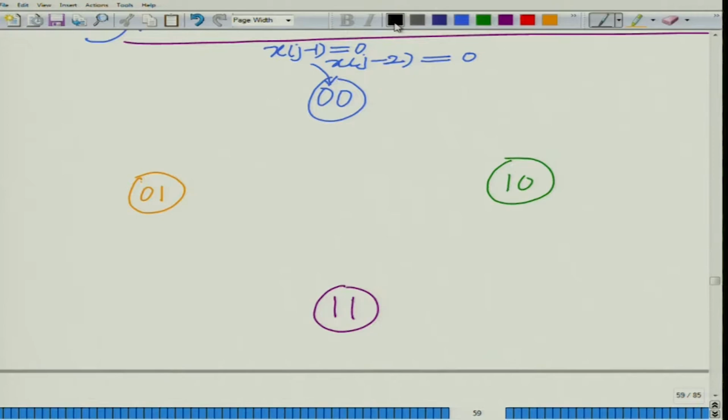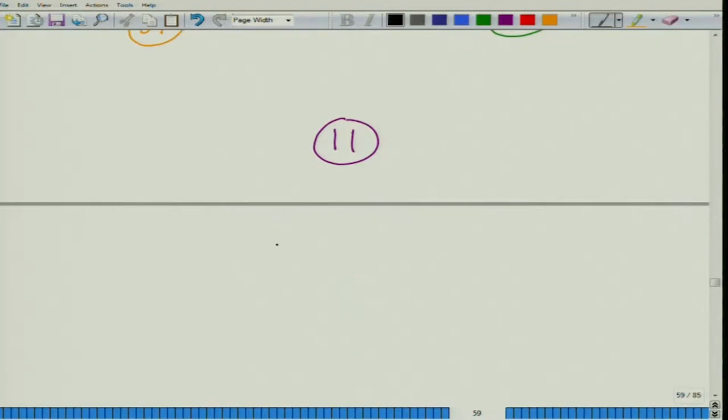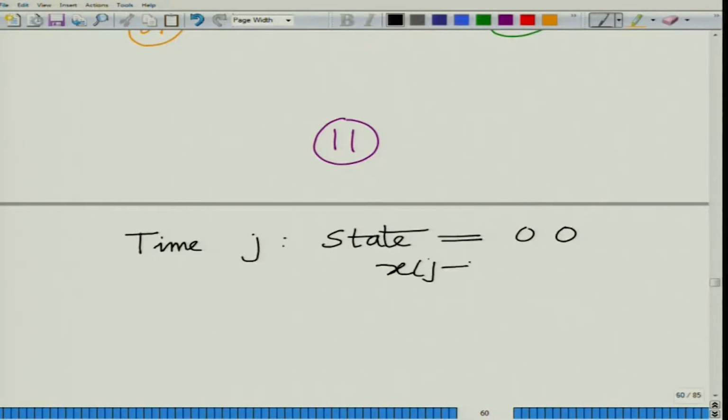Now, let us look at the transition. Let us say we get the information bit 1. Now, if the information bit 1 arrives, let us say xj equal to 1. We have time instant j, and state equal to 0 0, which means xj minus 1 equals 0, xj minus 2 equals 0.